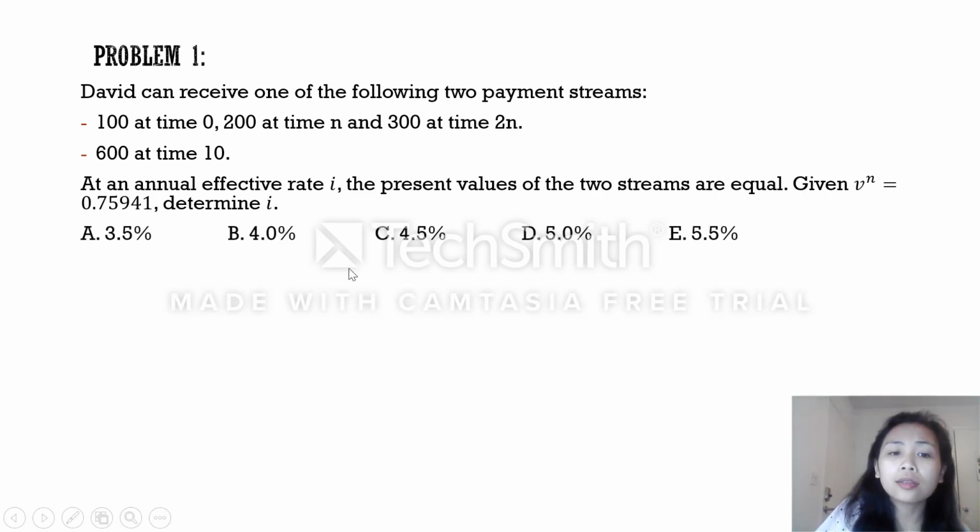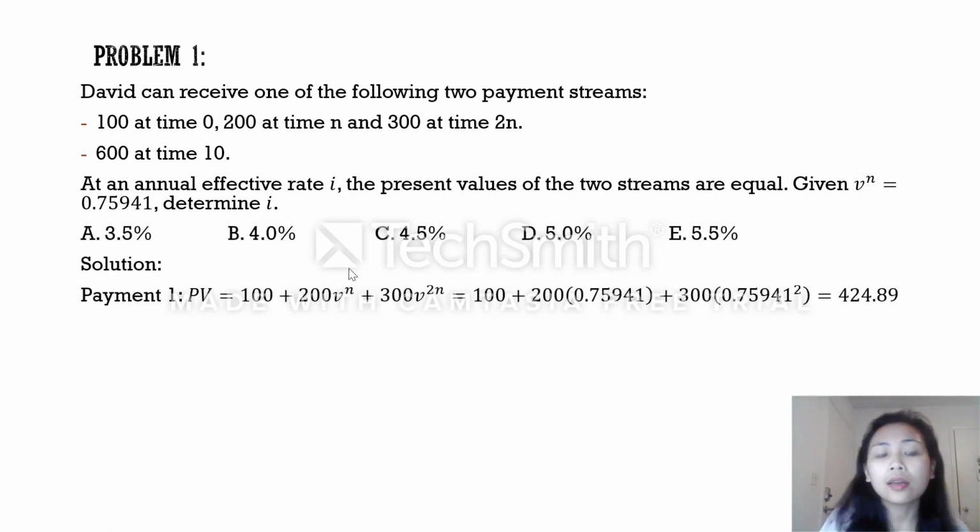So first look at the first payments. The present value at time 0 should be first 100 at time 0, so we don't have to multiply with anything. From 200 at time n, bring to time 0, we have to multiply with v to the n. 300 at time 2n, bring to time 0, we need to multiply with v to the 2n.